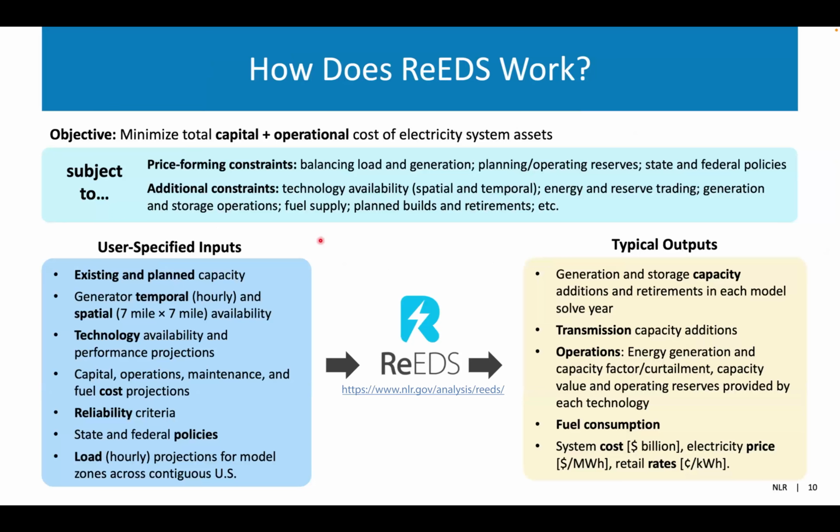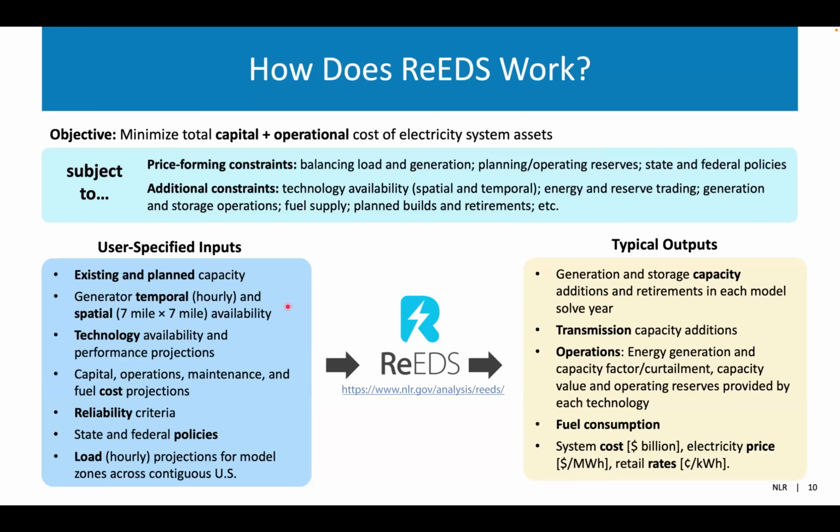The objective of this being to minimize the total capital and operational cost of the system, subject to a variety of electricity price forming, technological, and operational constraints. So in effect, ReEDS is structured as a massive optimization problem, complete with its own set of inputs, variables, model constraints, an objective function, and outputs.